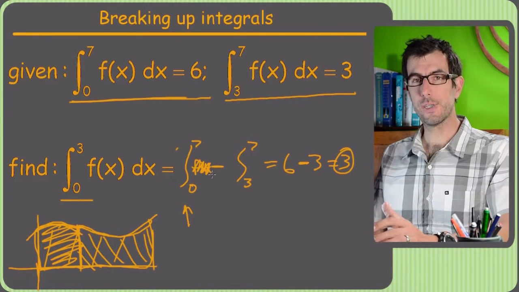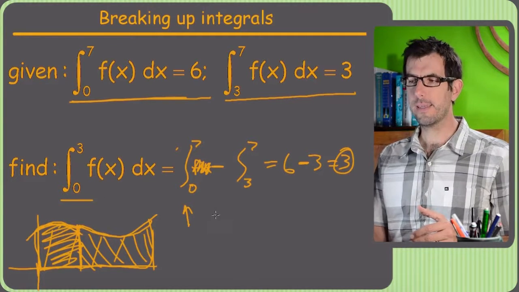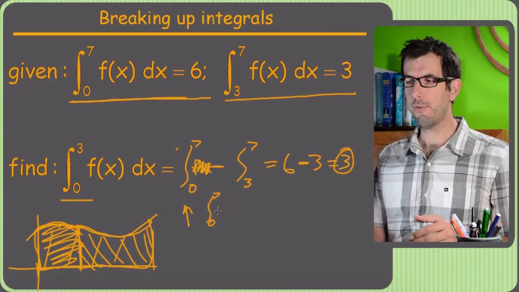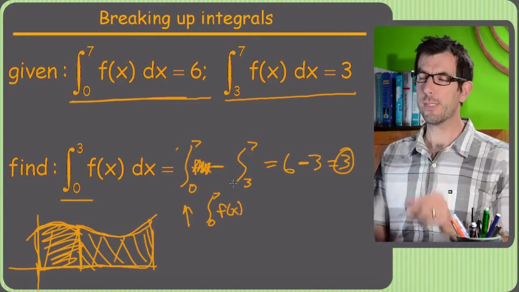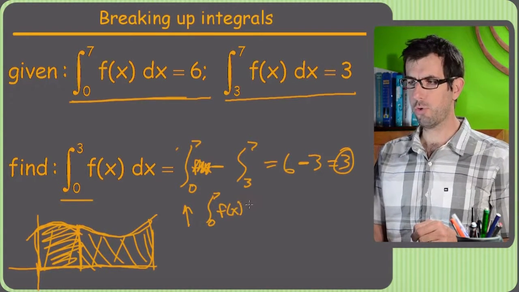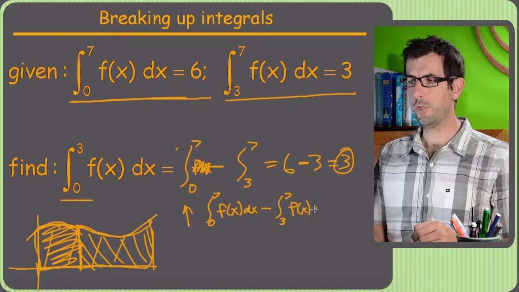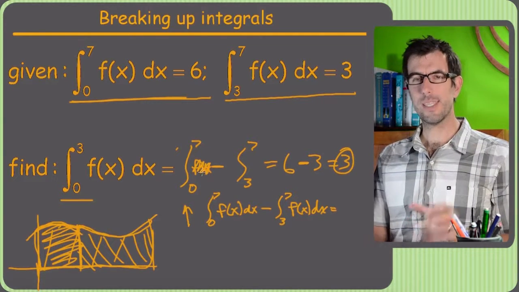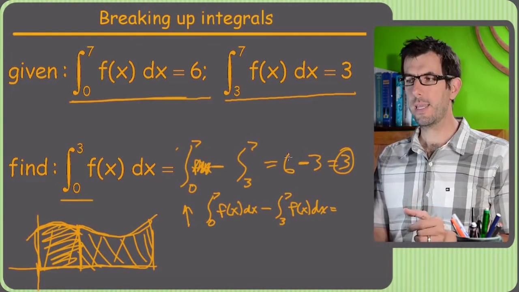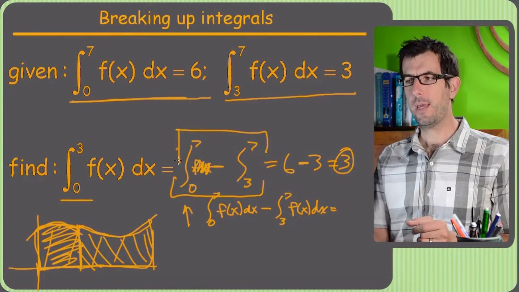If you have a rigorous teacher who's really mean and likes to take away points, you might need to write this as the integral from 0 to 7 of f of x dx minus the integral from 3 to 7 of f of x dx, and also use a snooty British accent while you're doing it. But most teachers, as long as they see roughly what you're doing and you get to the right answer, this to me was as much work as you'd have to show.